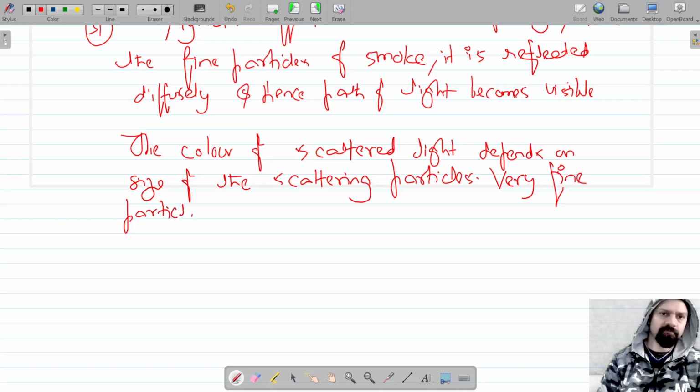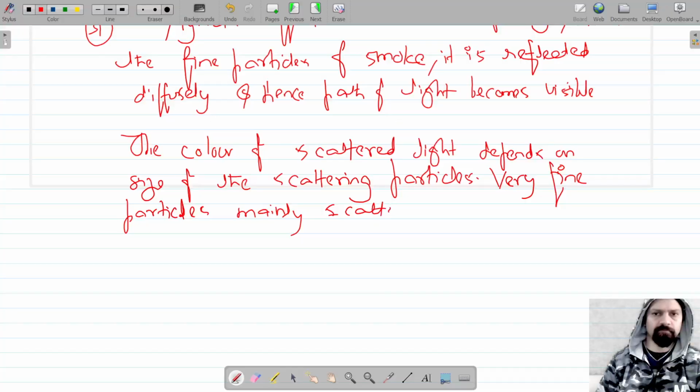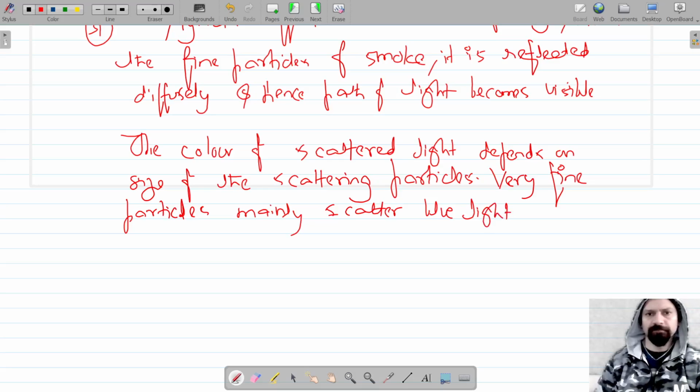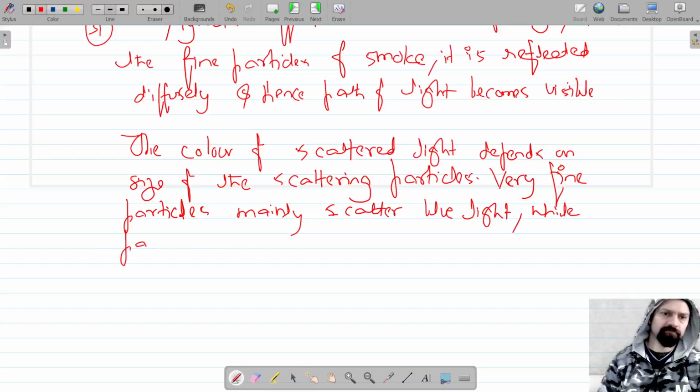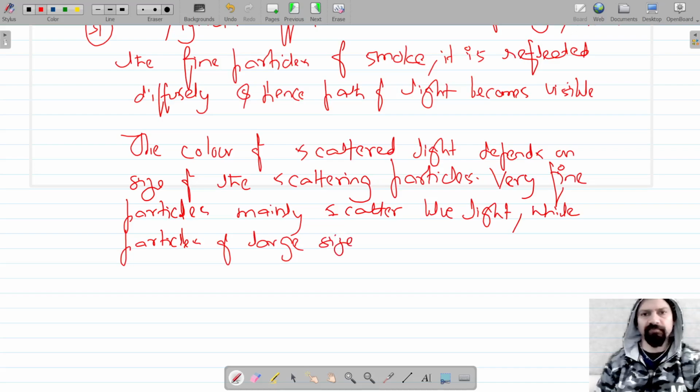So very fine particles mainly scatter blue light, while particles of large size scatter light of longer wavelengths.